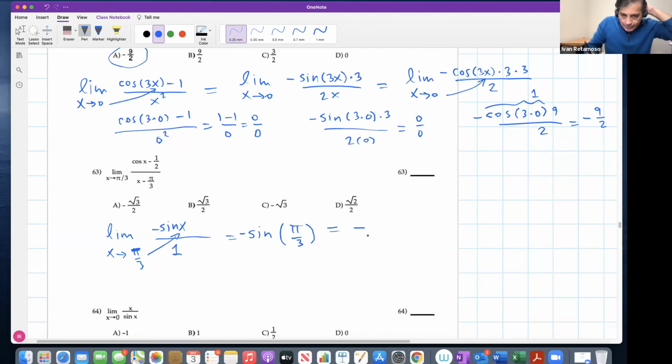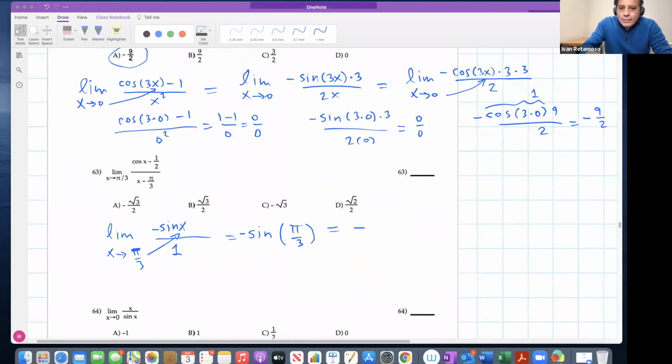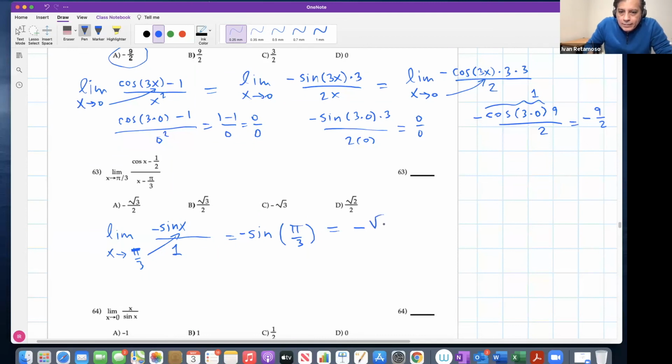If you look at the unit circle, for pi over 3, the sine, the second coordinate, is square root of 3 over 2. So the answer is minus square root of 3 over 2.